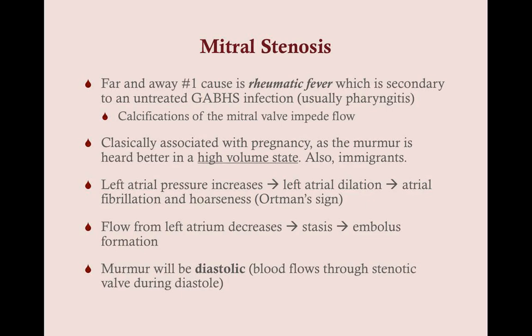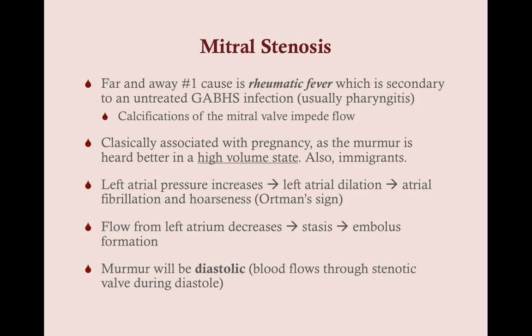So the left atrial pressure increases because blood can't be pumped as properly through the mitral valve, so we get left atrial hypertrophy and dilation. Because the left atrium increases in size but the conduction system doesn't change with it, we get an electromechanical dissociation, and that causes atrial fibrillation.